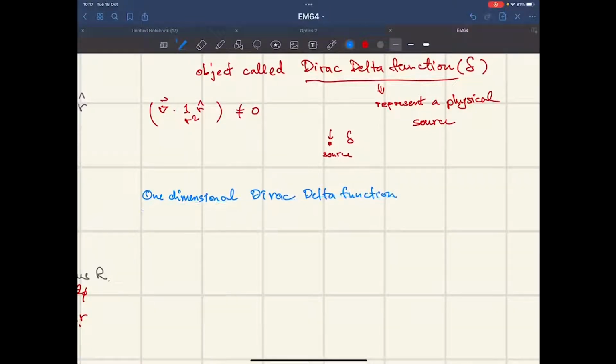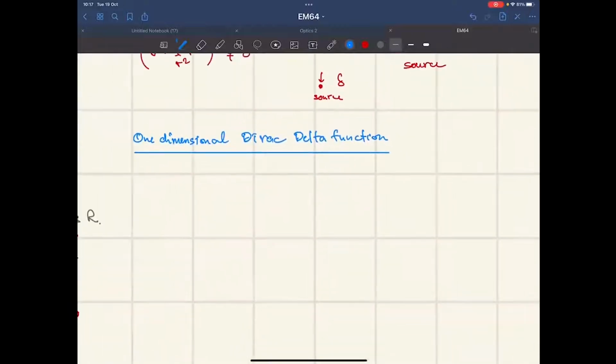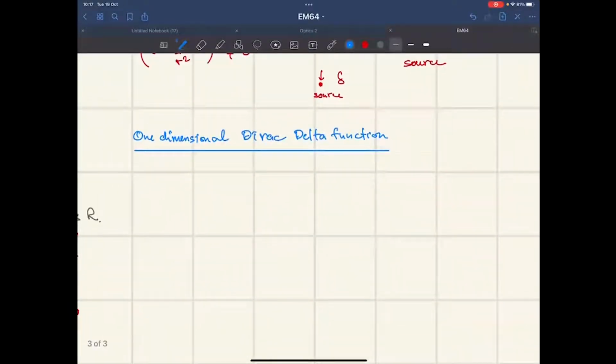I draw something very simple here. This is x, and this point is A. The Dirac Delta function is like this.